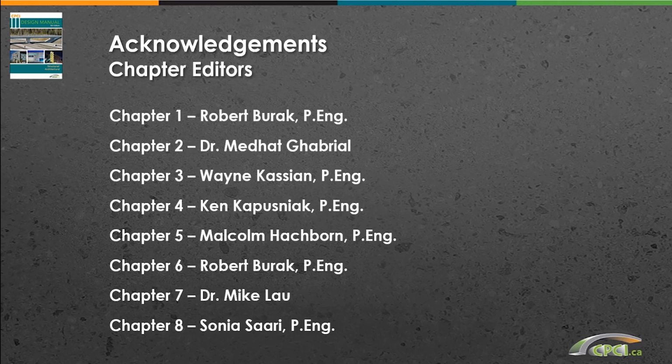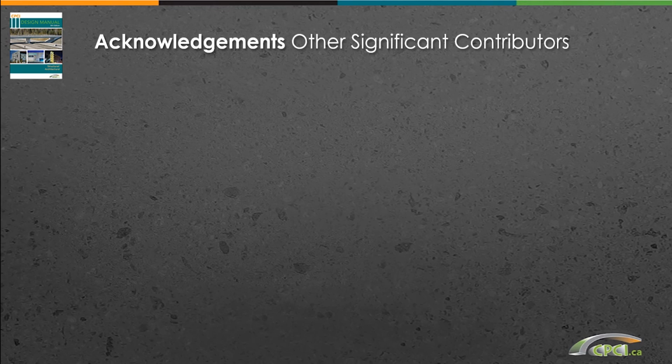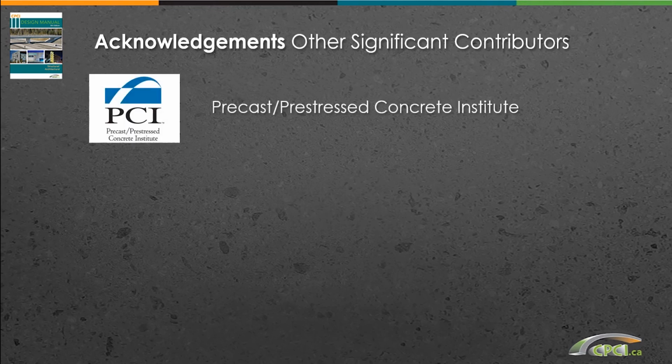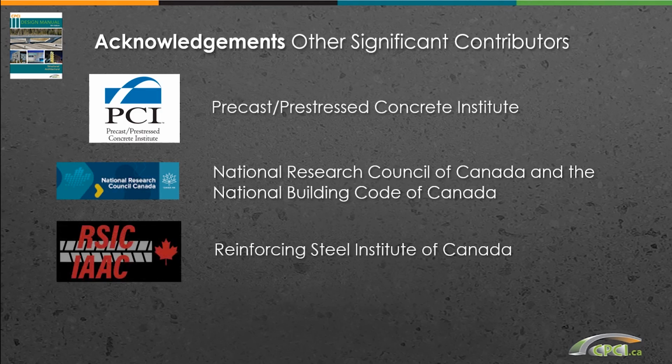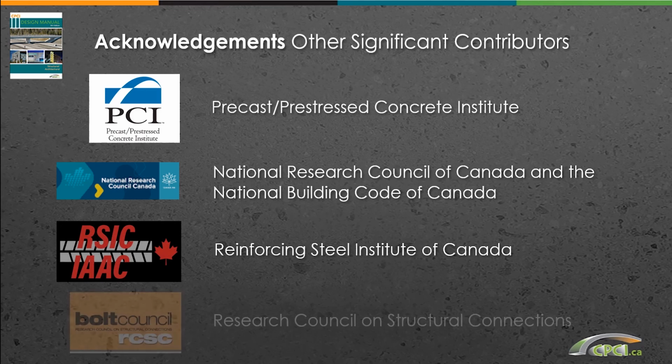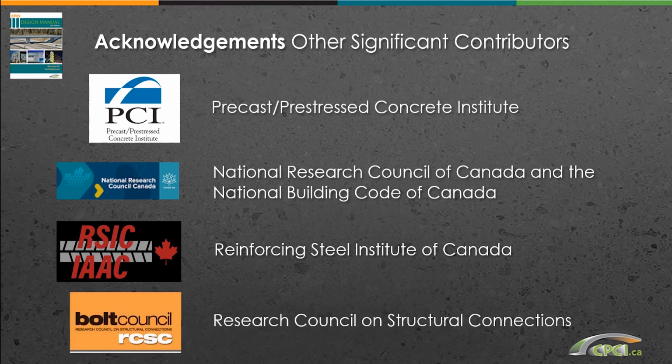You can see this on page 3, as well as each of the peer reviewers for each chapter, also shown on page 3. We also gratefully acknowledge the generosity of a number of different entities for permission to use certain materials and tables in this manual. For example, PCI, the Precast Pre-Stressed Concrete Institute, the National Research Council of Canada, and the National Building Code of Canada, the Reinforcing Steel Institute of Canada, and the Research Council on Structural Connections.